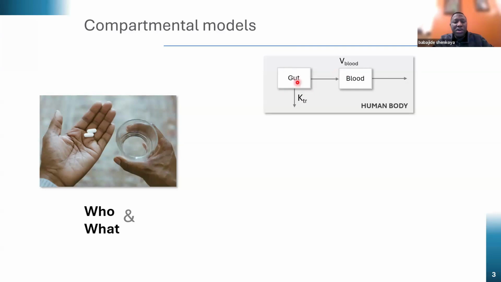Whatever goes into the gut either goes out as a result of the gastric motility here, or it gets absorbed into the blood circulation through this arrow that you are seeing here. And then each of these compartments that you are seeing here have parameters that describe them. So this is as far as the biological system is concerned.